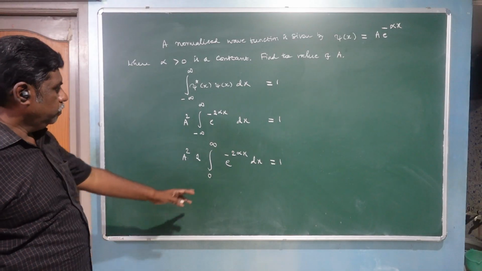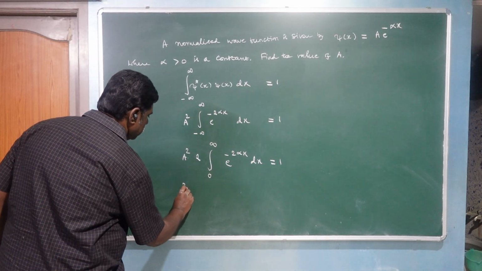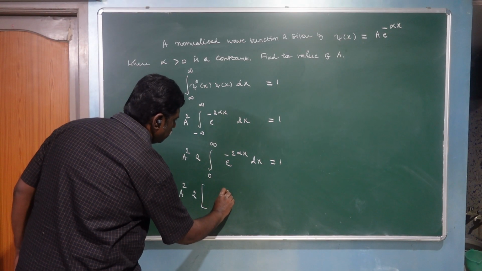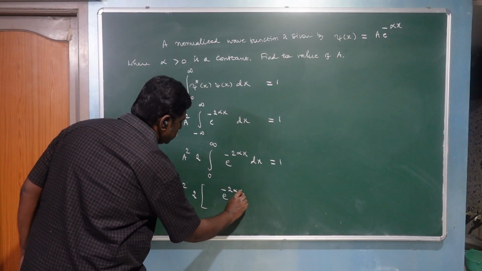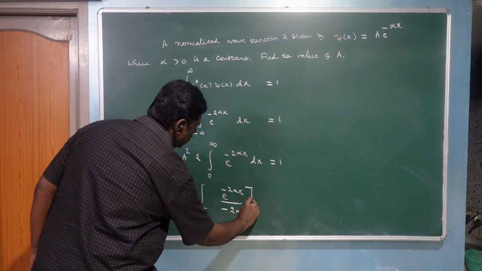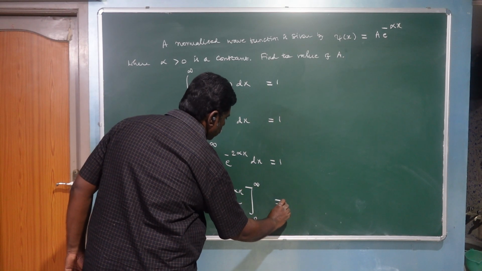Now we have to integrate this. A square into 2, then e power minus 2 alpha x divided by minus 2 alpha, limit varying from 0 to infinity, is equal to 1.